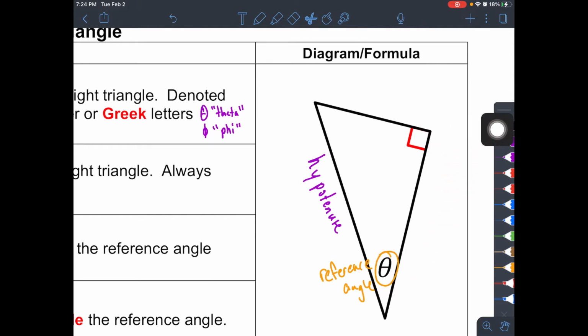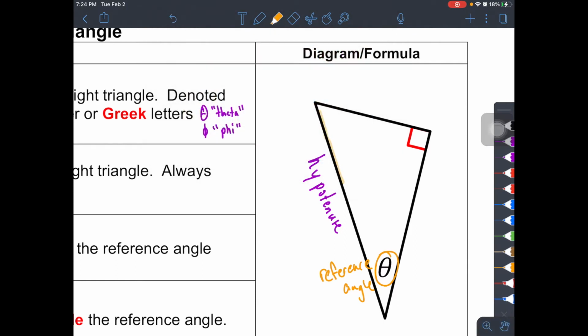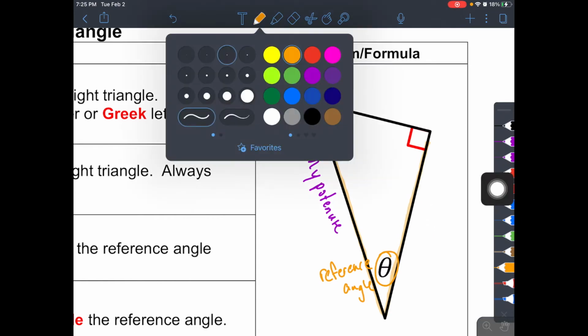So I'll emphasize with a highlighter what is the reference angle. So that's these two sides of the triangle, right? So one side of it is the hypotenuse, and the highlighted side that we have here, this leg, that would be the adjacent leg.